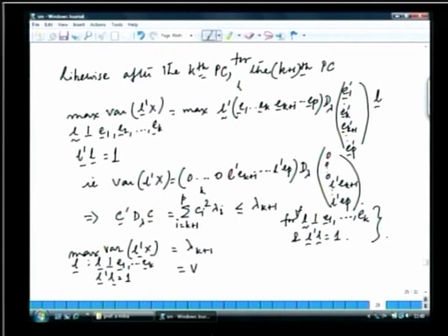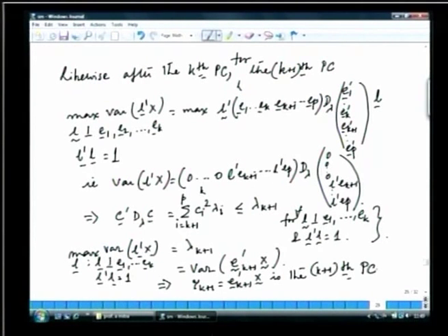And lambda k plus 1 can again be shown to be equal to the variance of Ek plus 1 prime x, giving us that Yk plus 1 is Ek plus 1 prime x, the k plus 1th principal component.